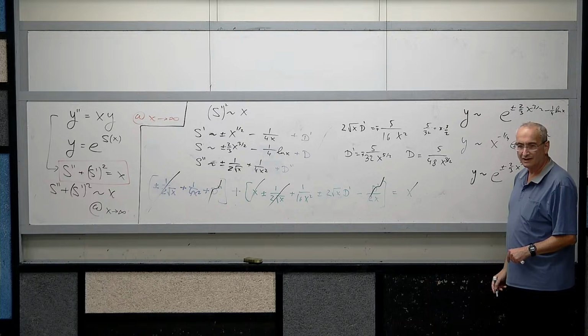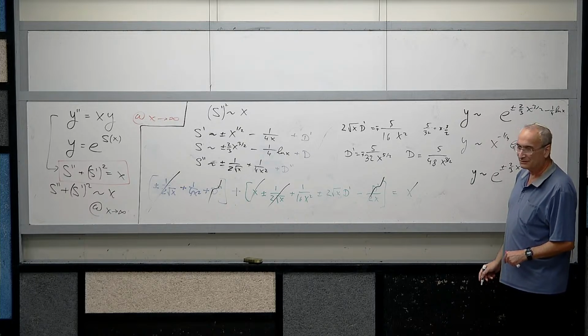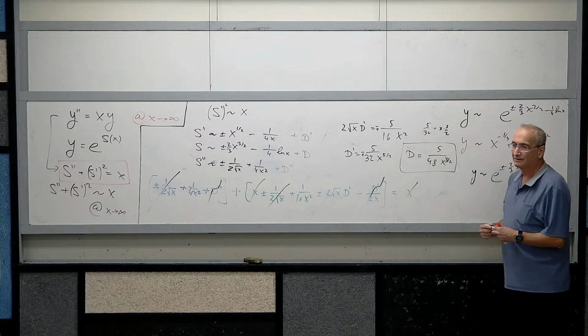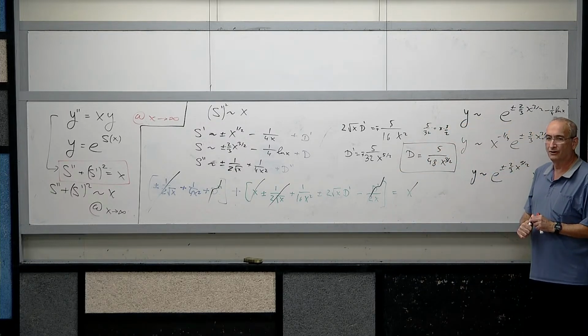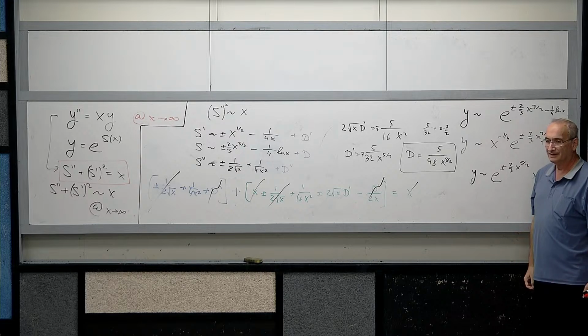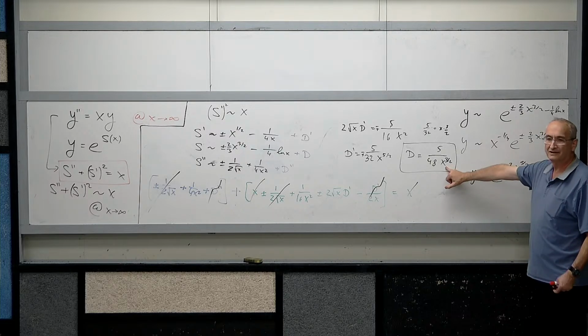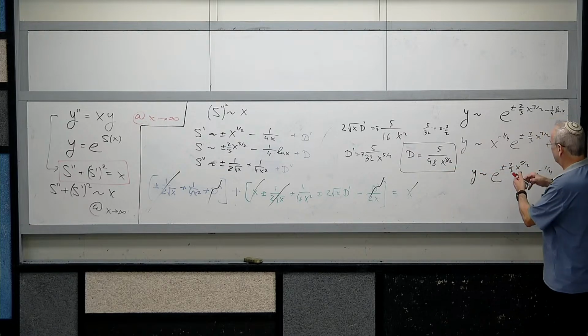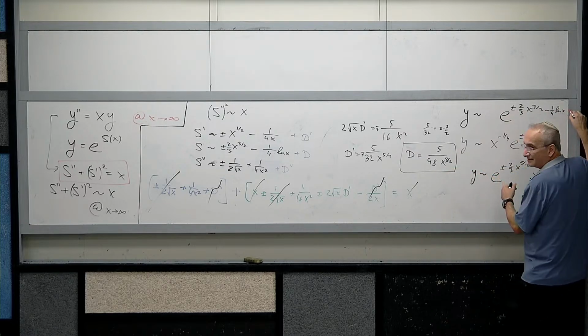I'm not sure about the sign. It's for you to figure out the sign. But this is a very important result. Why is this what I was looking for all the time? This goes to 0, because now I'm getting something that goes to 0 and goes to infinity. So yes, I have to write here e to the plus d, right?